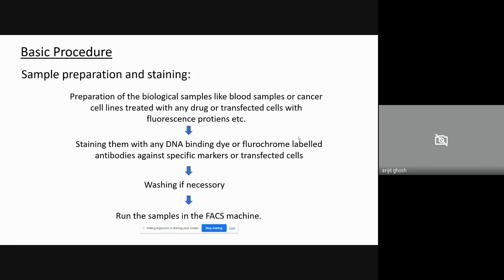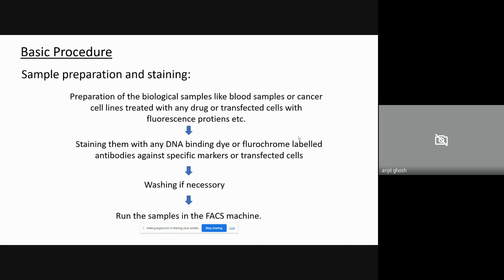Which type of stain you are using depends on the experiment. Like if you are doing a cell cycle experiment, or an experiment to detect dead cells, or you are trying to check the amount of DNA which is destroyed after treatment with any drugs, then DNA binding dyes like PI or 7AAD can be used.